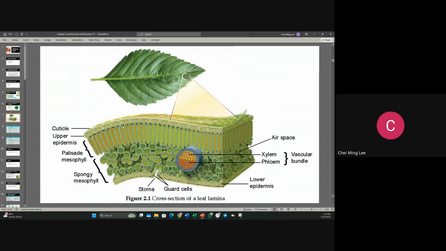Then we have upper epidermis, lower epidermis, then palisade mesophyll, spongy mesophyll, and then the petiole. Inside the leaf, we call this the vascular bundle, where it contains xylem and phloem. From here to here is the petiole, but inside, we call it the vascular bundle.